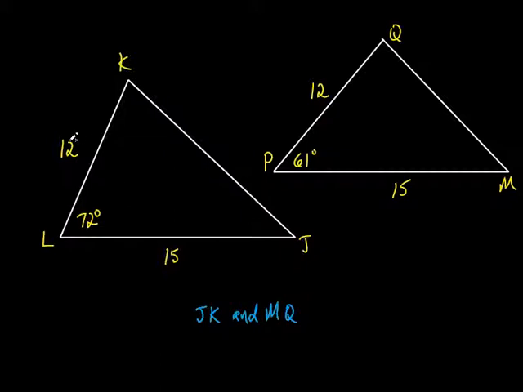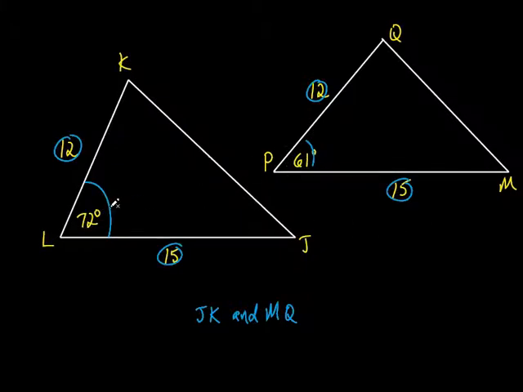Well, look what I have. I've got an equal side right here. I've got an equal side right here. So those are my two equal sides. And look, I've got a big angle here and a little angle here. They're not equal to each other. This is bigger than this one. So what our hinge theorem says is this. This is side angle side inequality. So I've got two equal sides and an unequal angle.